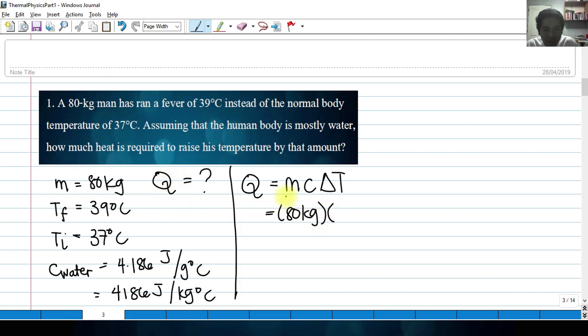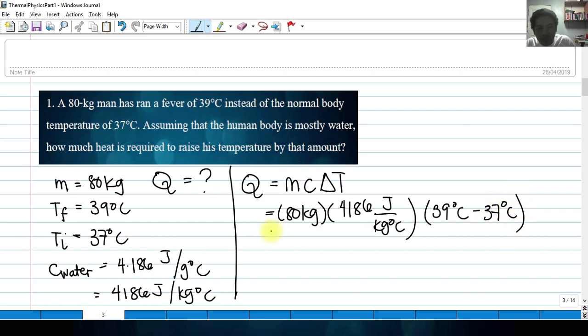Since our mass is in kilograms, we have to use the value for the specific heat of water in terms of kilograms, 4,186 joules per kilogram degree Celsius. And the delta T is the final temperature minus the initial temperature, 39 degrees minus 37 degrees Celsius. If you compute that, we can see that the units cancel: kilogram, kilogram, Celsius, Celsius, and then we are left with joules.